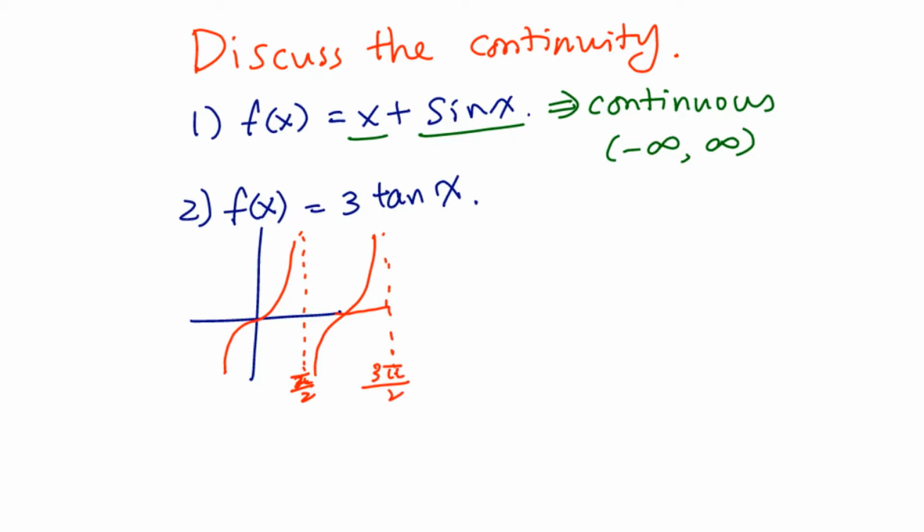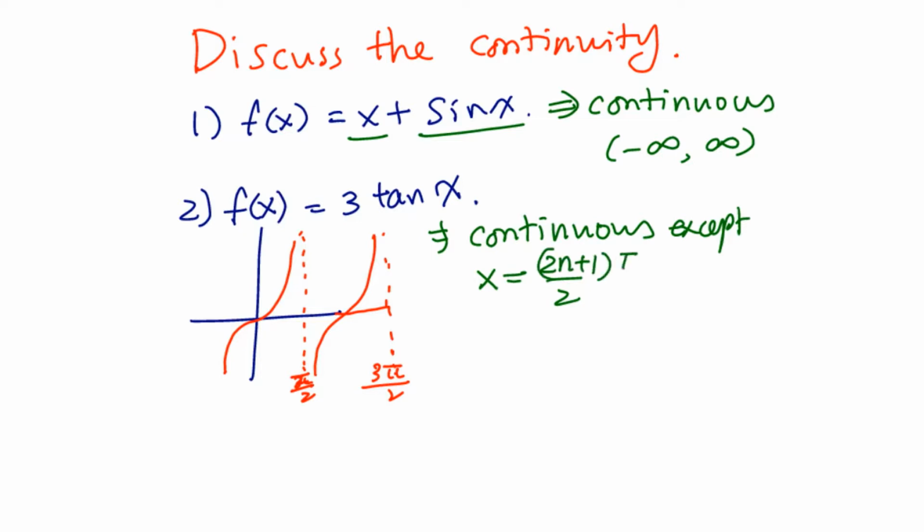So my answer for number 2 is it is continuous except when x is an odd integer multiple of pi over 2, so x equals 2n plus 1 times pi over 2, where n is an integer.